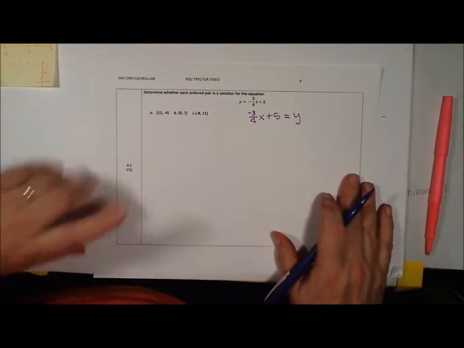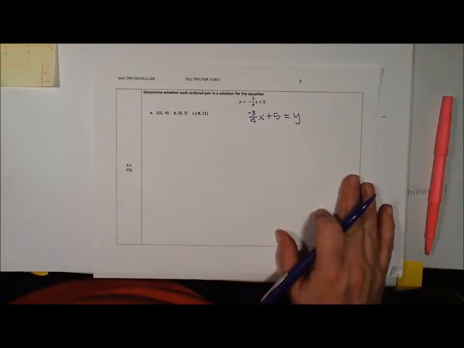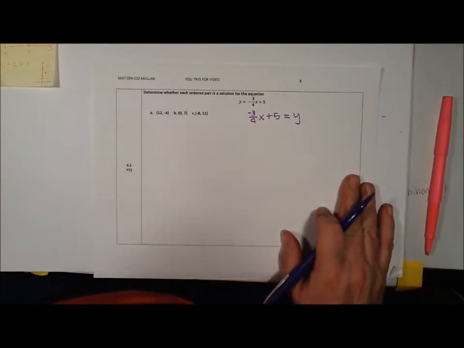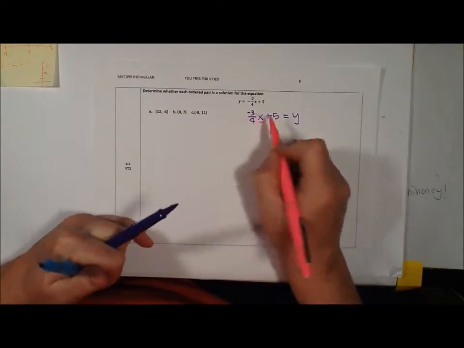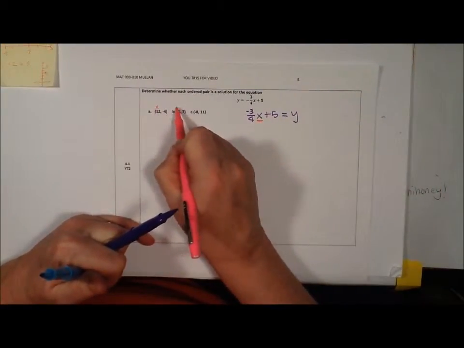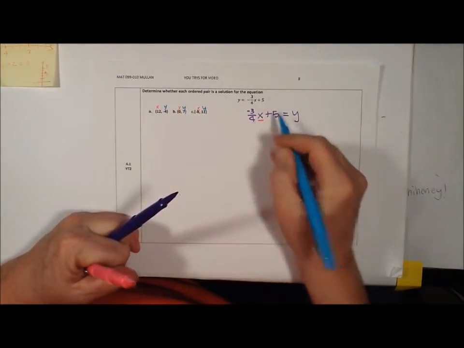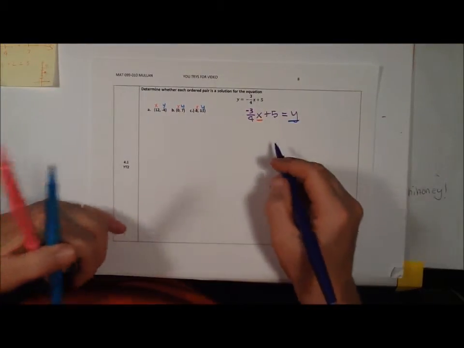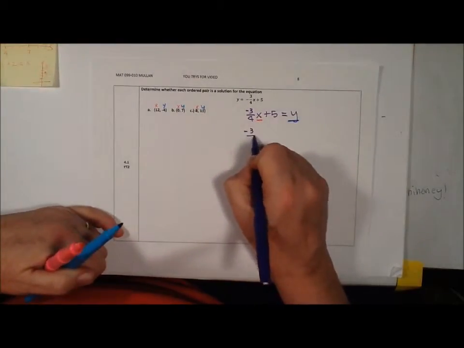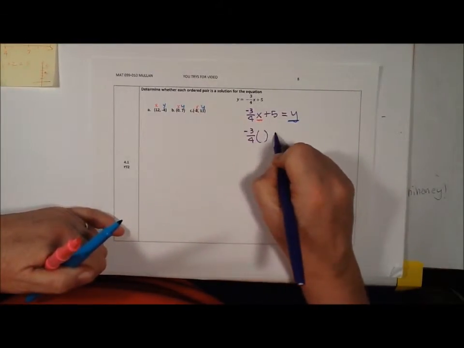Same as that, I just moved the y and the equal sign to the other side. But I wanted you to be able to see this because you have to be really careful that you plug the right value in the right place. So here's my x, and here's x, x, x, and y, y, y, and there's my y. So if we're going to prove these are true, we have to plug in our values. So -3/4.